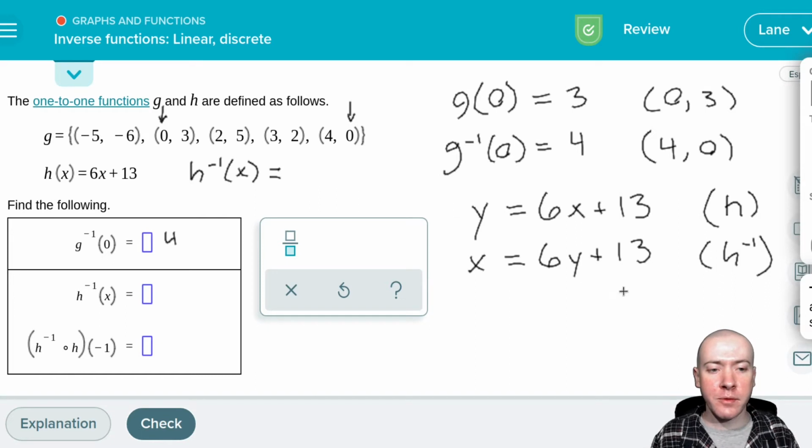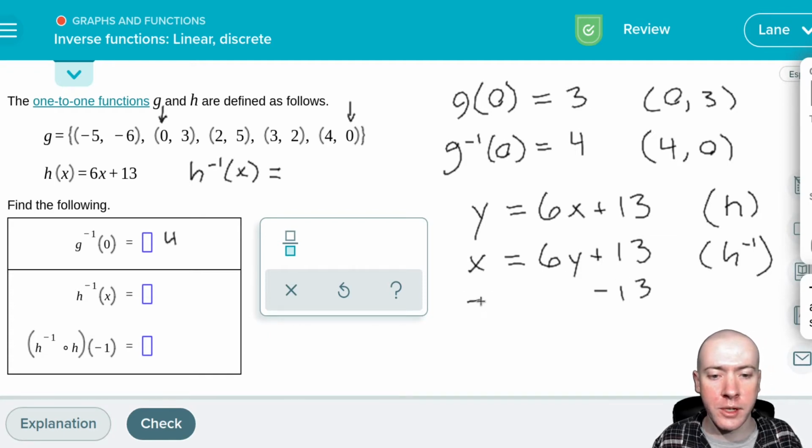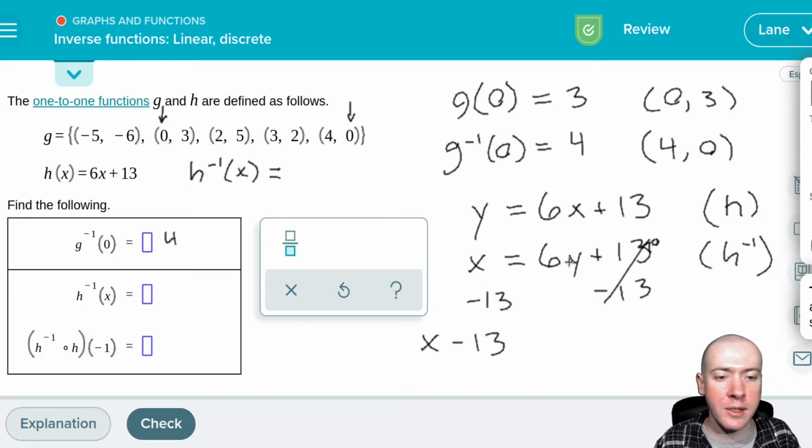To solve this for y, we need to get y by itself, so we start by moving the 13 over to the other side. We subtract 13 from both sides. On the left-hand side we have x minus 13, and on the right-hand side, because those two cancel out, we have 6y.